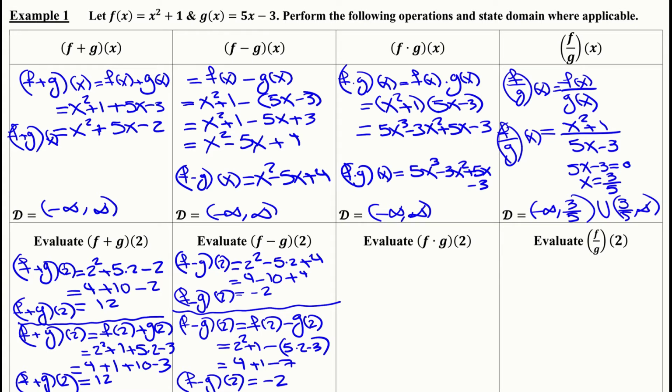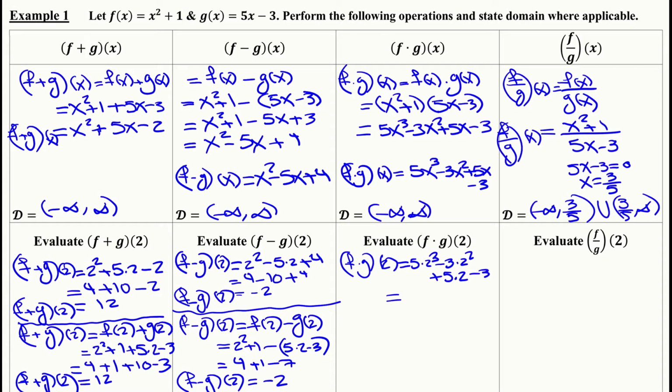And of course, this goes on with f times g as well. So we know that we can use this result, which we've already obtained, for f times g of x. So we can say f times g of 2 equals, wherever we see x in this expression, we're going to substitute 2. So we get 5 times 2 cubed minus 3 times 2 squared plus 5 times 2 minus 3.